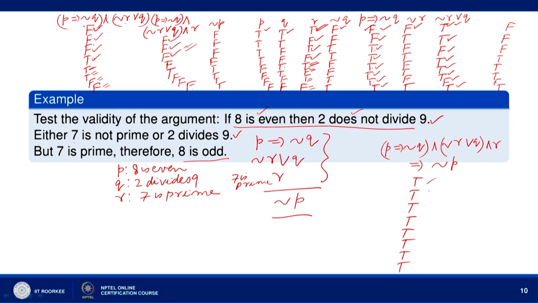So, all the entries in this column are T, and therefore, this is a valid argument. Okay. So, 8 is odd; this is a valid argument, therefore, 8 is odd.